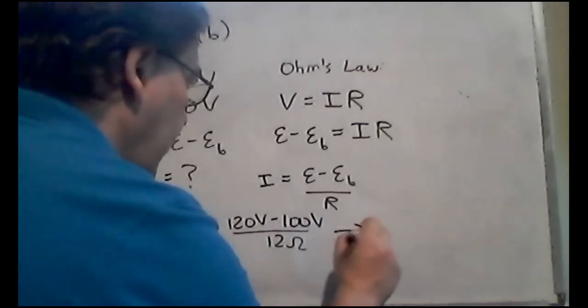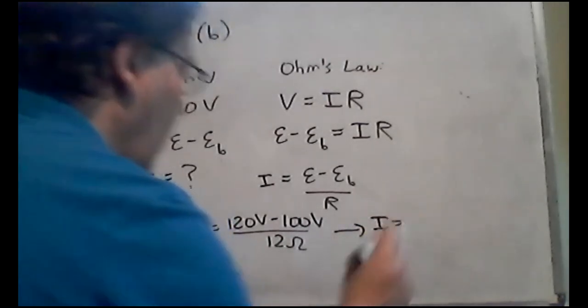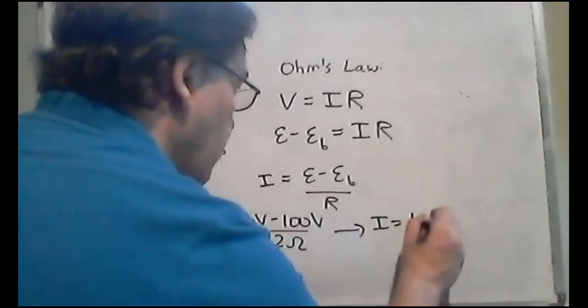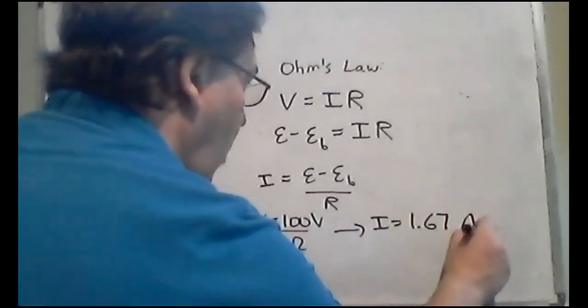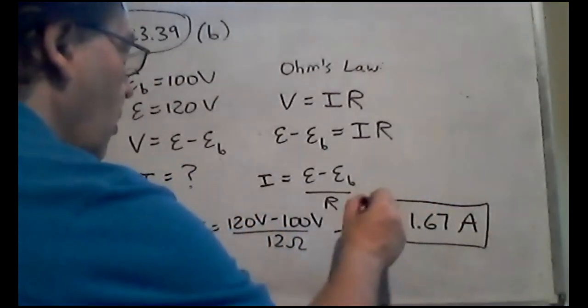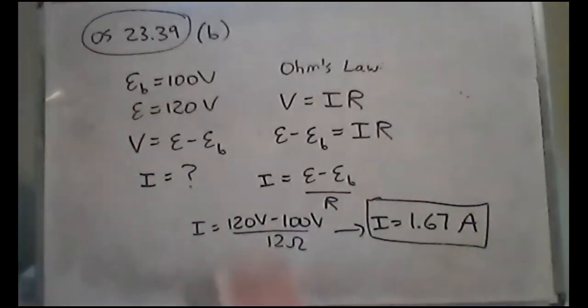You notice the big difference is that at full operating speed, I only need 1.67 amperes. Before I needed a whopping 10 amperes. So I'm going to draw 10 amperes, a huge current, when I first start this motor. But when it's at operating speed, it's only going to draw 1.67 amperes.